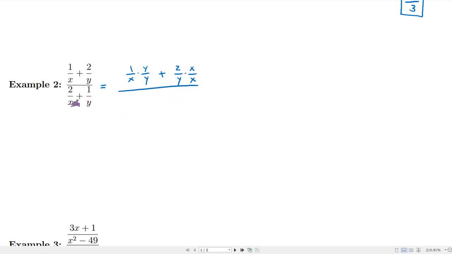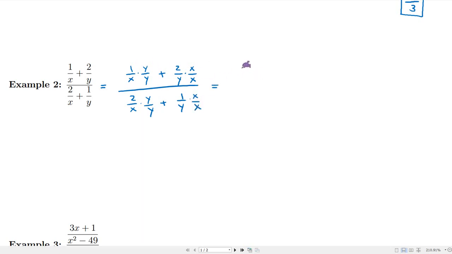Okay, now simplifying the denominator. Again, all of this simplification for these two. These two are independent at the moment, right? So 2/x, it's missing this y, so we're going to multiply by y/y, and then plus 1/y, it is missing the x, so we'll multiply by x/x.